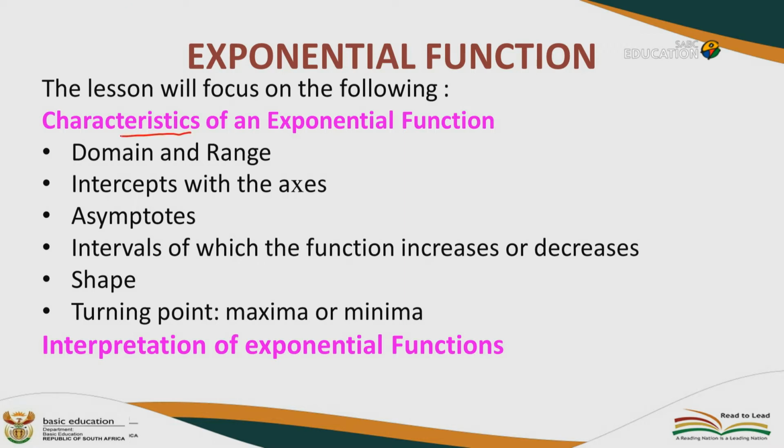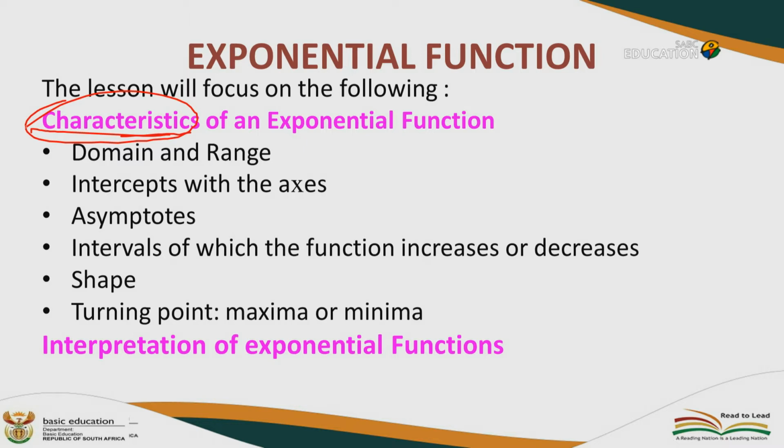We must remember that we'll be focusing on the characteristics of an exponential function to say how does this graph behave, how does it change. On the characteristics, we'll be looking at the domain and range, intercept with the axis, asymptotes, intervals on which the function increases or decreases, the shape, turning point.